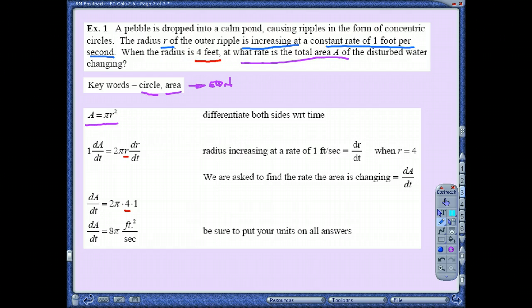Because you've got that foot per second, you know that's going in for dr dt. And then of course we want to multiply that together. Make sure we have our units on there. dA, that's area, so that's going to be feet squared. Time is seconds. So we've got our units on there and we've got our answer. Remember, we'd like to keep these as simplified as possible, so keep the pi if you can, keep radicals if you can. If not, make sure you round to 3 decimal places.